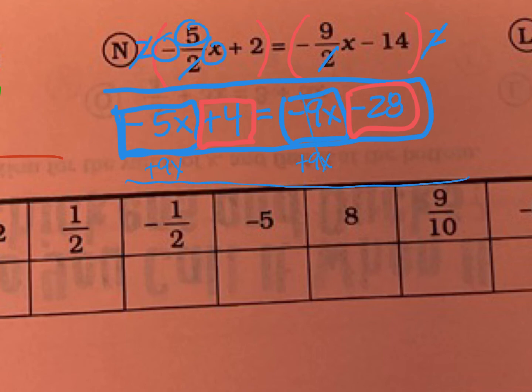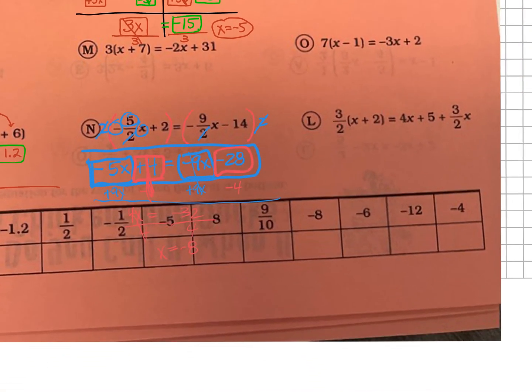I'm gonna subtract 4 from this side, subtract 4 from that side, because it basically crosses it out over there, and I get 4x equals negative 32. I divide by 4, x equals negative 8. So that's just a technique for getting rid of fractions, but it's not the most important thing in the world. What is important is that you can make teams and send things across to either side.